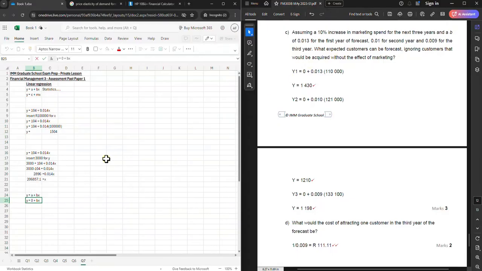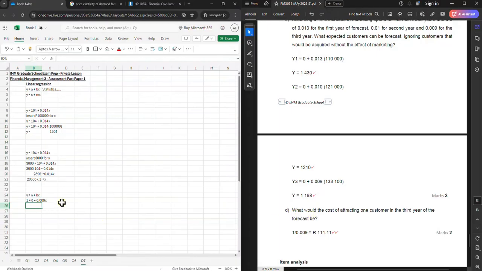The B value was 0.01 for the second year, but we're doing the third year. Sorry, yeah, that's right, 0.009. Then it's 1 divided by 0.009, which is what they have. Yeah, that's right. Okay, cool.